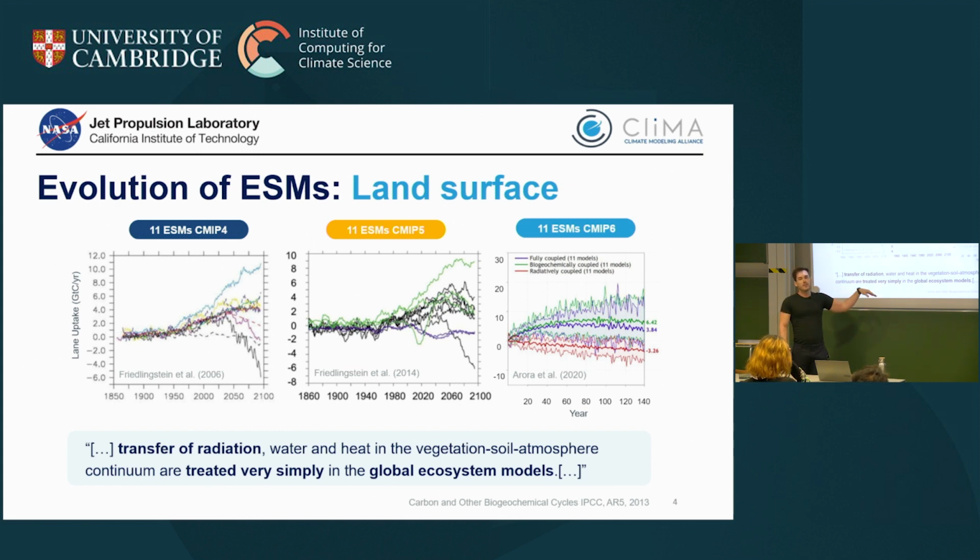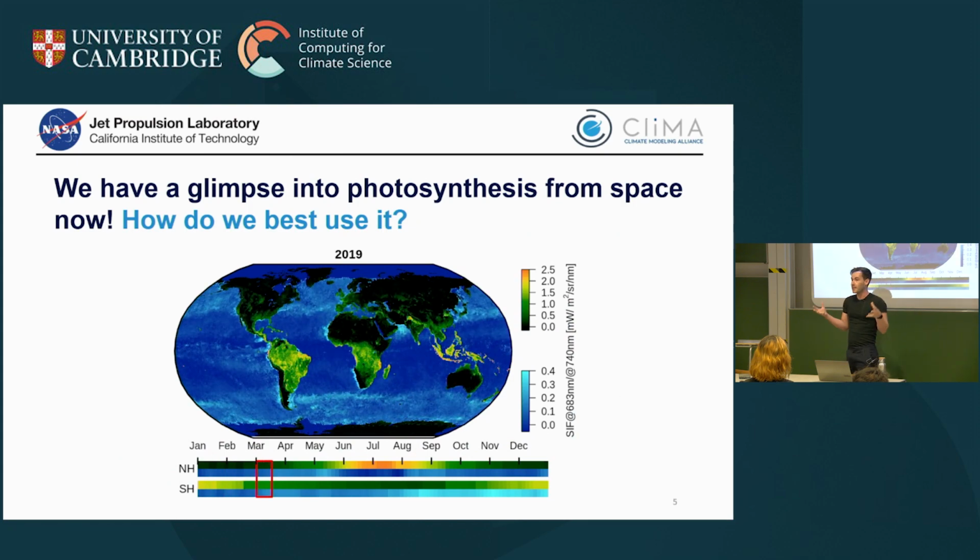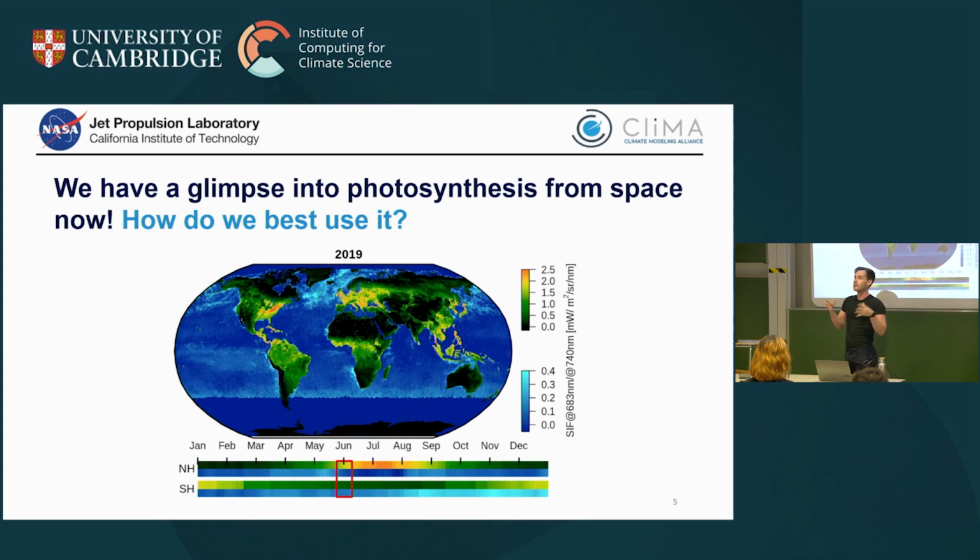There are many reasons why these models disagree among themselves, but the IPCC report, and I quote, says that transfer of radiation, water, and heat in the vegetation, soil, atmospheric continuum are treated very simply in these global ecosystem models.